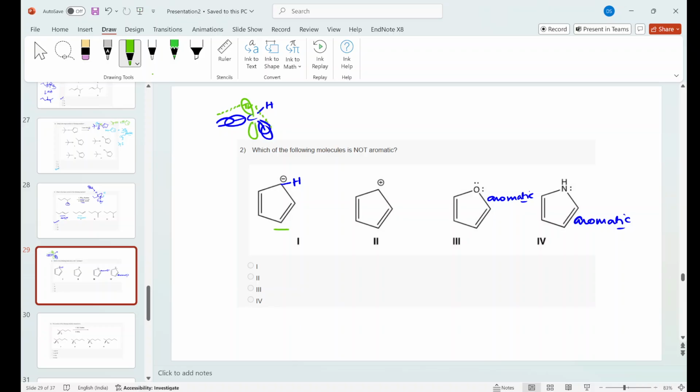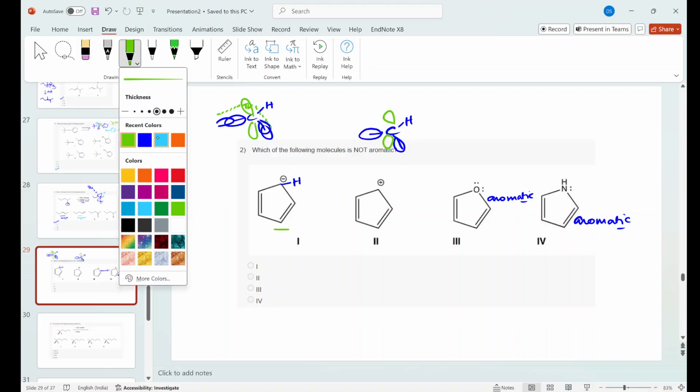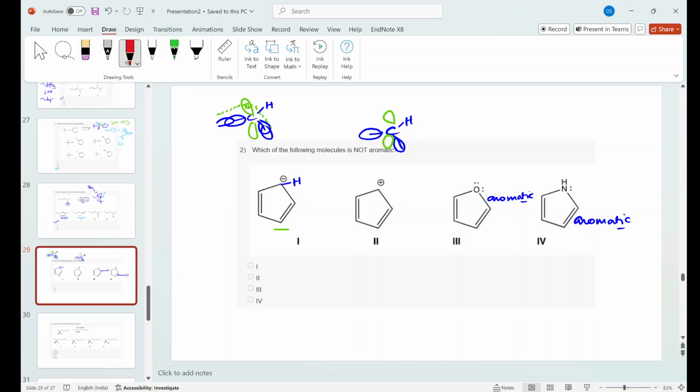So this is conjugated. Compared to this one, the middle one, just draw it. But here you don't have any electron. This is vacant.